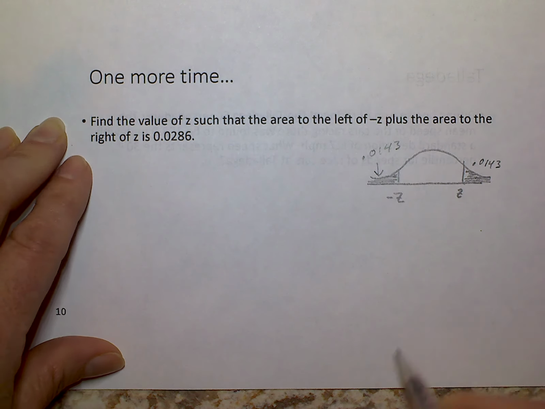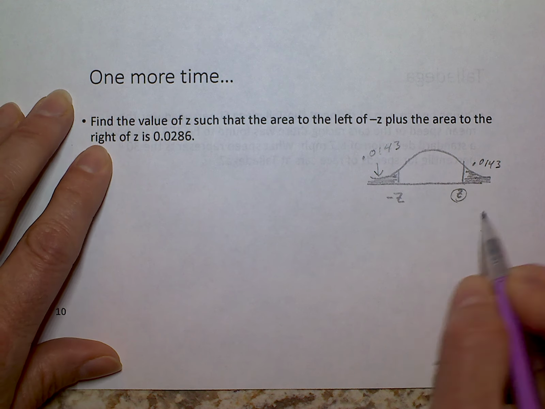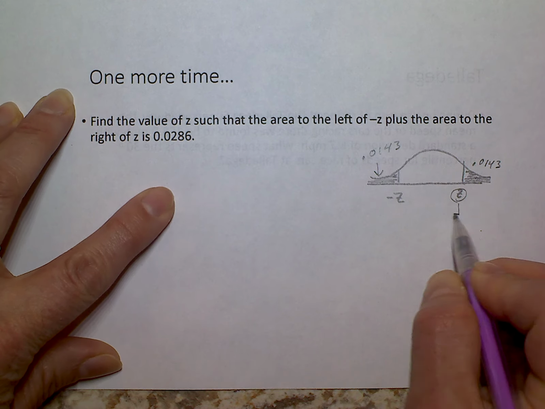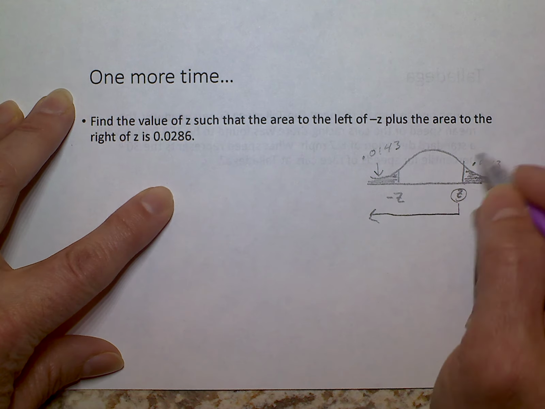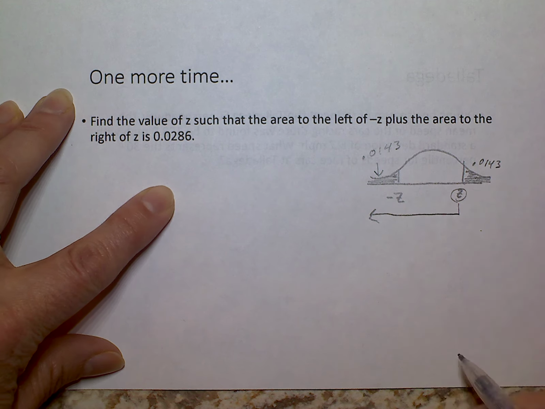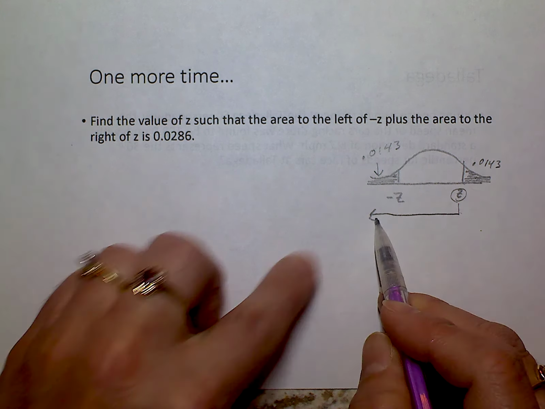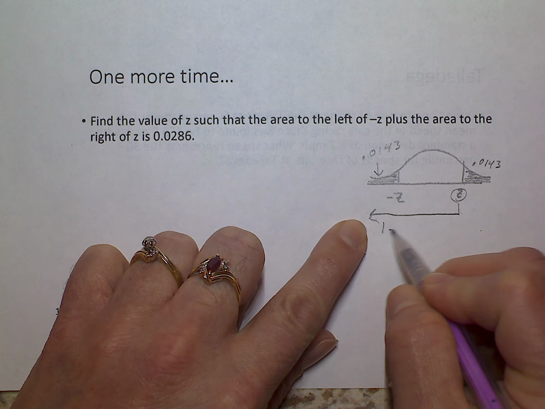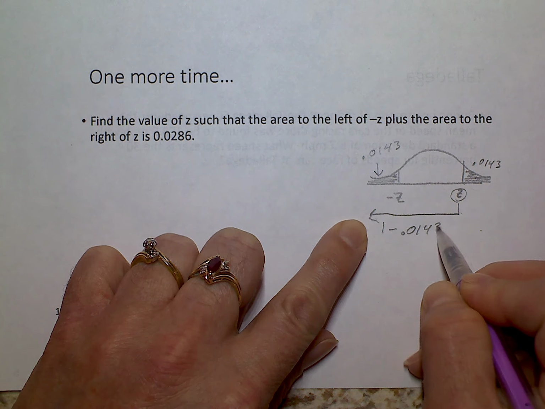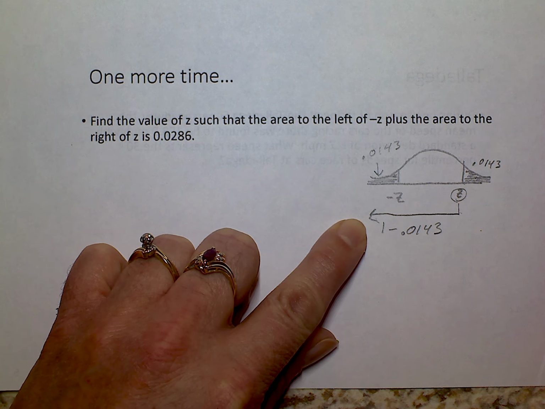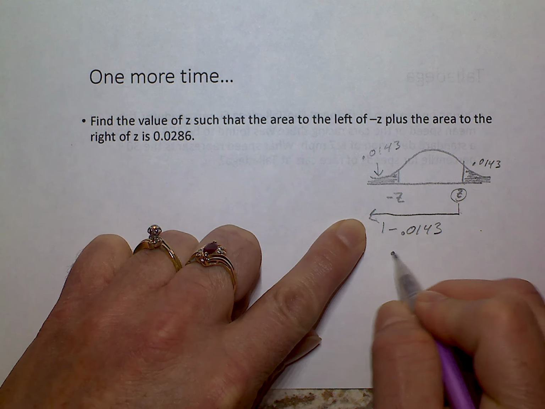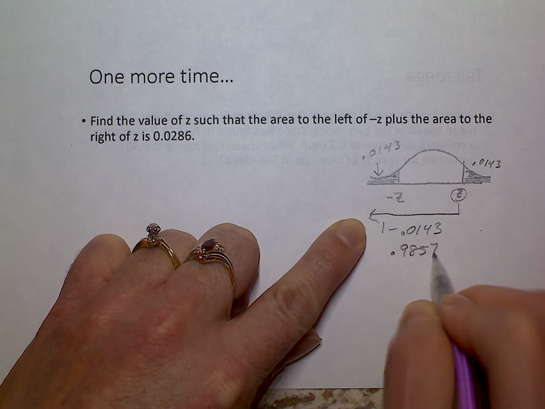Now, if I know that and I want to find this value of z, don't you think I could find this? If I know that this piece here is 0.0143, how could I find the rest of this? Remember the complement? Yeah, there you go. Alright, so let's do 1 minus 0.0143. That is 0.9857.